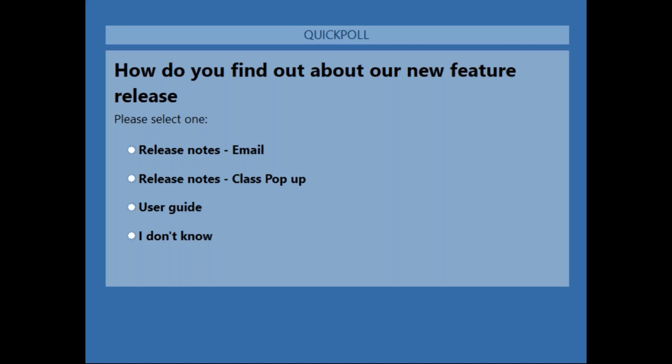Or if you don't know, that's a perfectly acceptable answer. We're trying to look at the best distribution channel for our clients to get access to these materials. I'll open the poll for about 10 to 15 seconds.